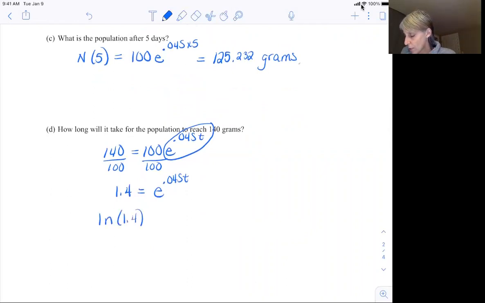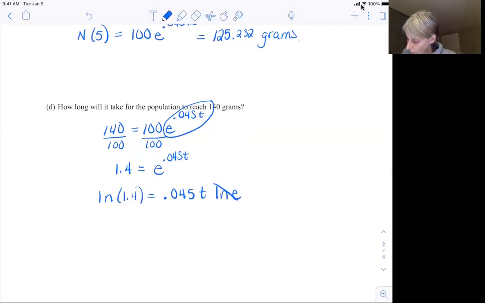Just like yesterday, if you see that, you're just going to bring the exponent down in front, that's fine. I know my ln of e is going to equal 1. I don't cancel it out until I have it written. Then to solve for t, we're going to divide by 0.045.